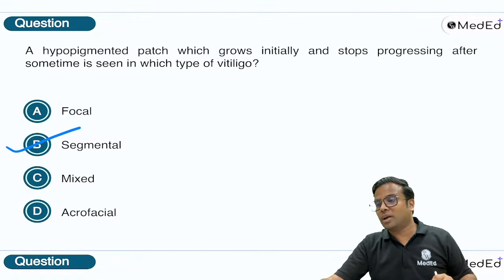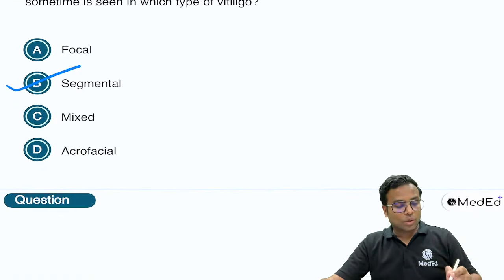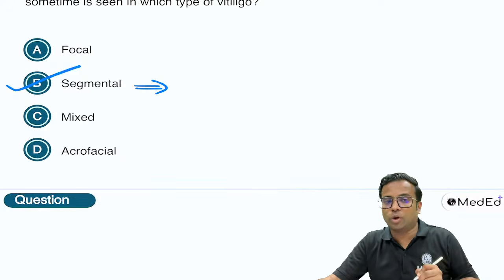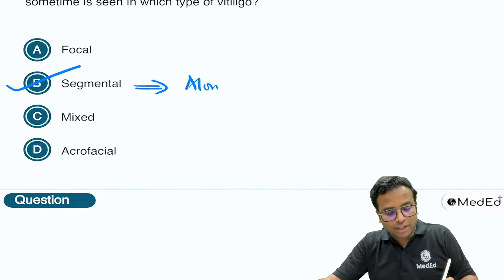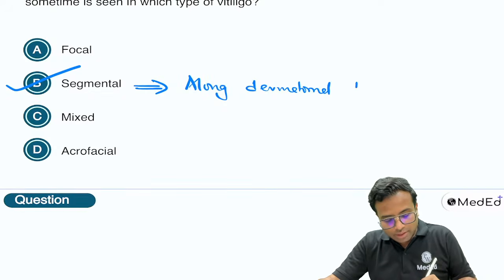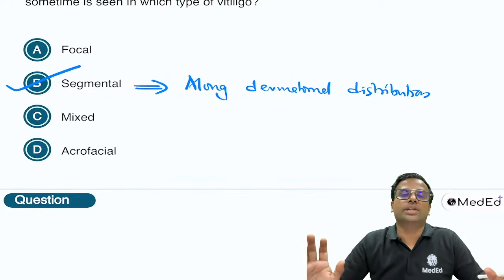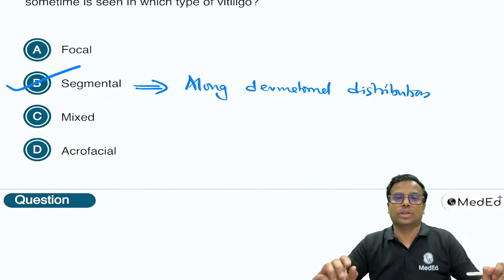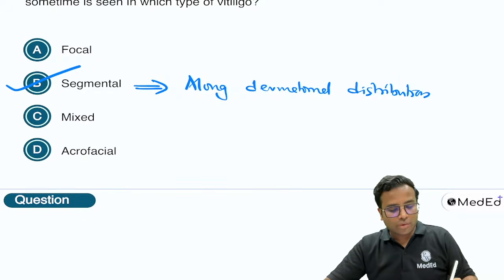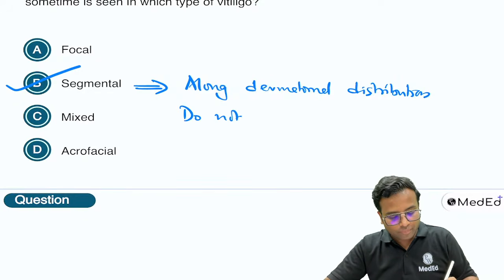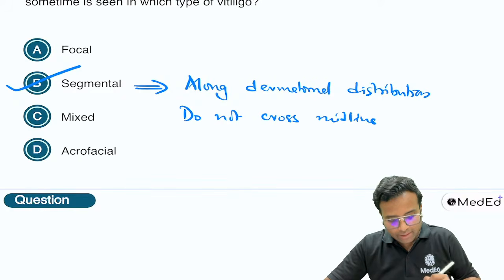Because in segmental vitiligo, very good Sanya, the lesion in vitiligo is along a dermatomal distribution. So once a lesion is along a dermatomal distribution, it is along a nerve root. That is why it does not cross the midline, right?